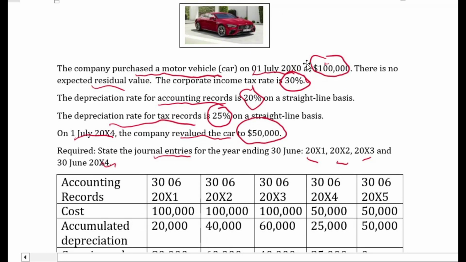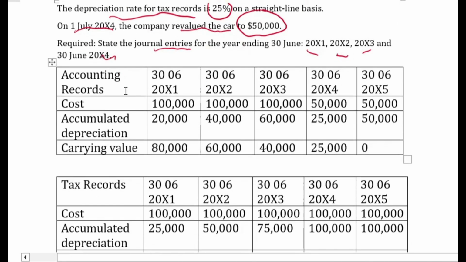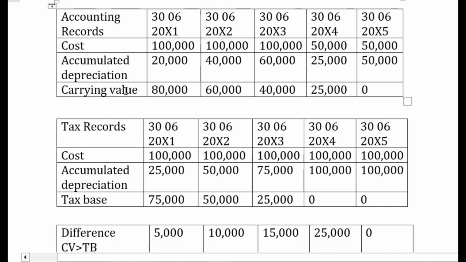So in accounting records, the X1 year cost is $100,000.